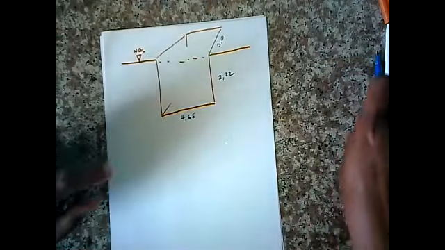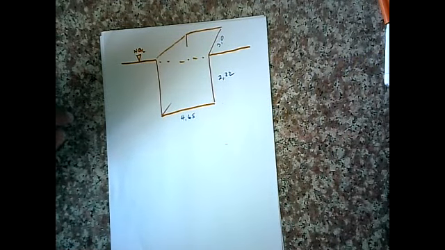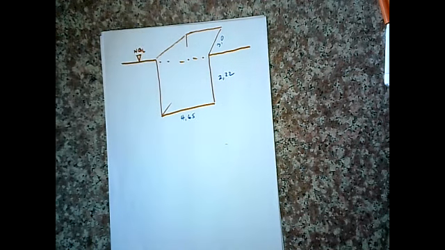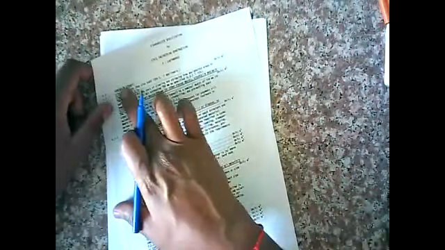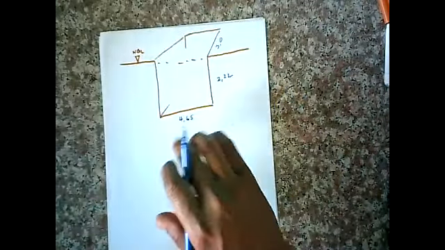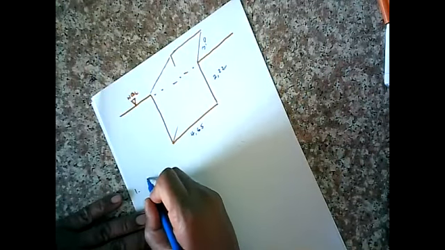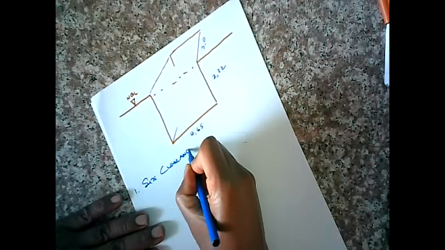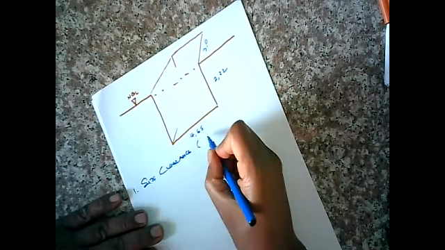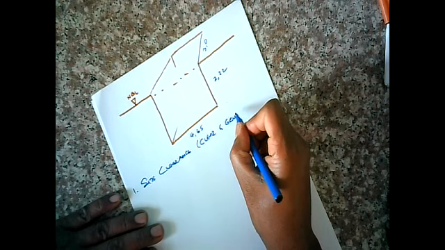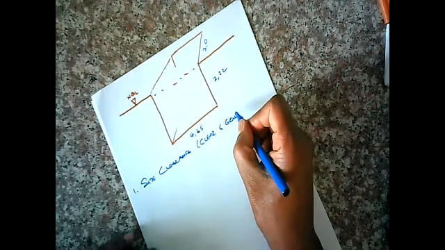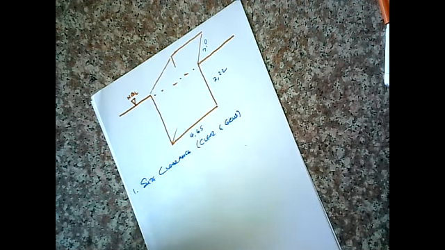So back to this. All right, so according to SANS 1200, the first thing we're going to do is clear and grub, site clearance. So let's call it 1, site clearance. You can call it clear and grub. You can call it any of those two.